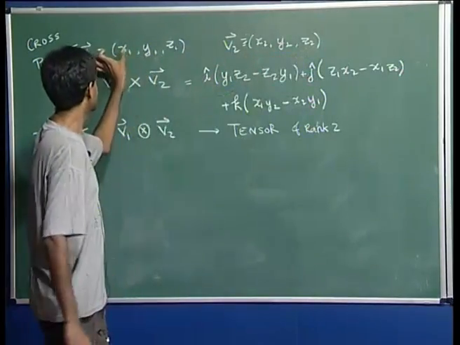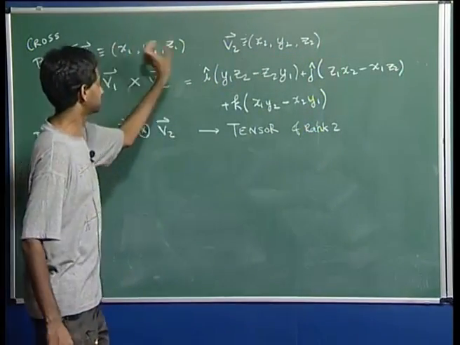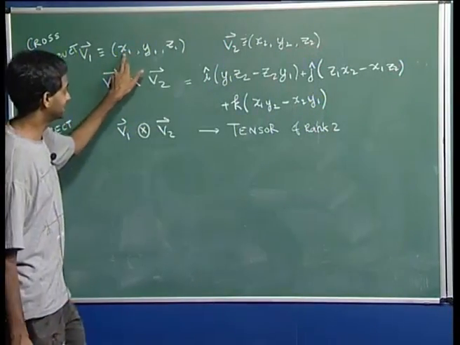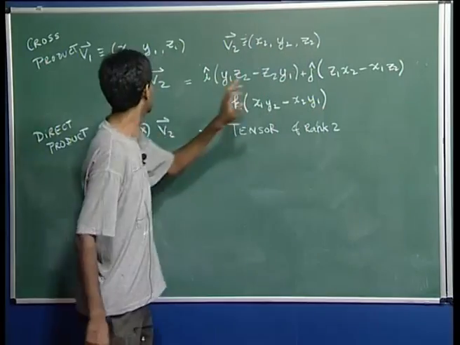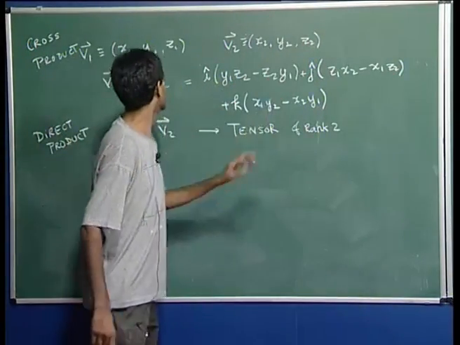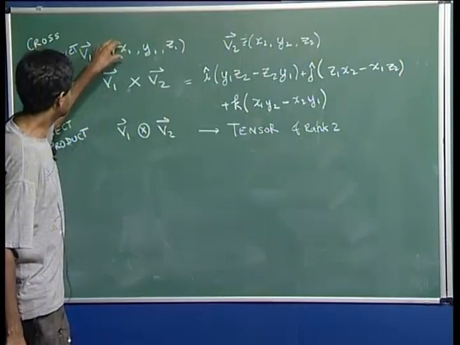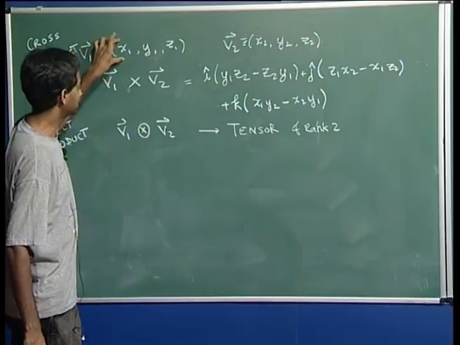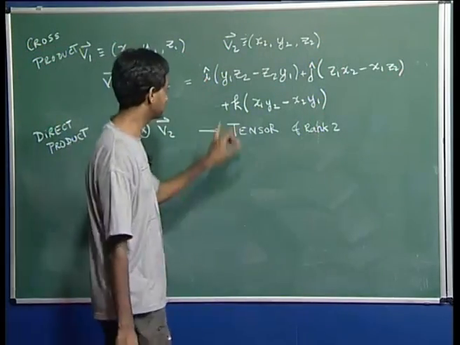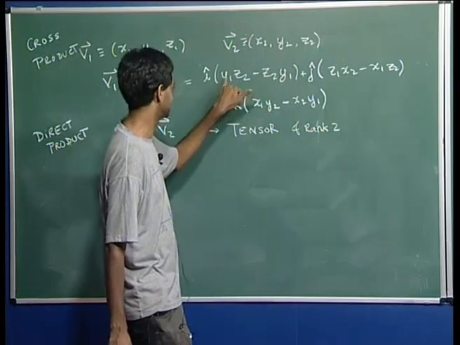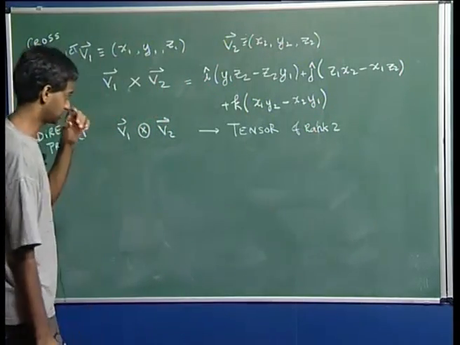So you multiplied the terms corresponding to the same component together. In the cross product you multiplied x1 by either y2 or z2. Similarly, you will always multiply y1 by either x2 or z2. So you always multiply terms of one component with another component. You never have any term where the same component is repeated in the cross product.